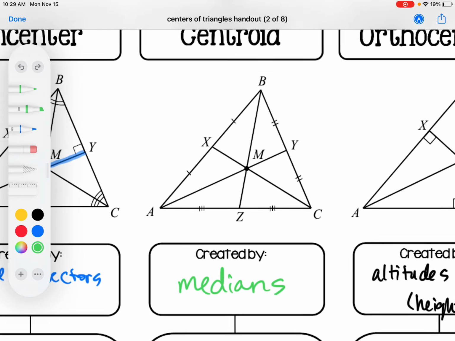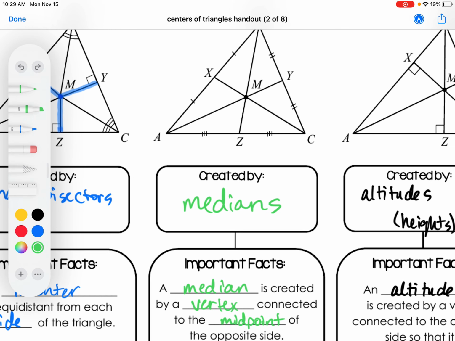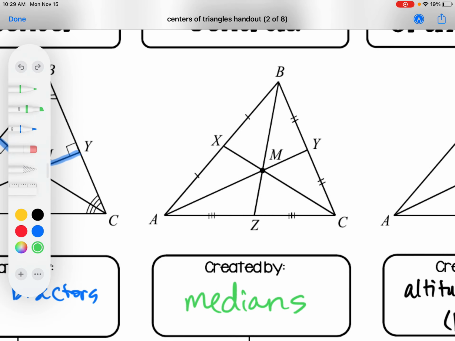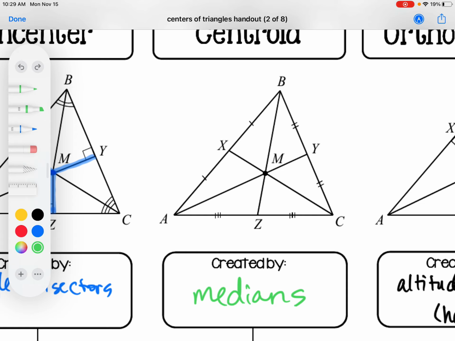What we are concerned about, though, is the segment lengths that are inside of this picture.